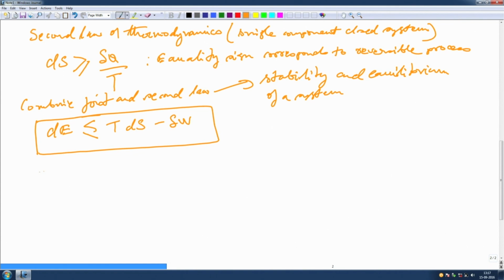Now, this is for infinitesimal change. For finite change, we have, where w is basically nothing but the integral from 1 to 2, whatever is the process, of p dv. That is the mechanical work, that is the work done by the system to surroundings.